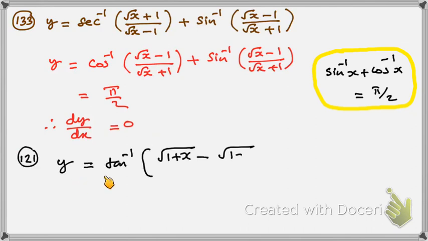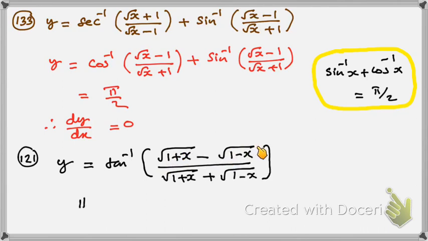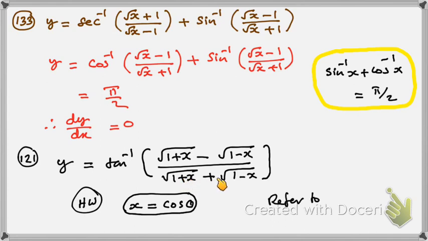Another question here, y is equal to root of 1 plus x minus root of 1 minus x divided by root of 1 plus x plus root of 1 minus x. This is similar to the question which we did at 122.